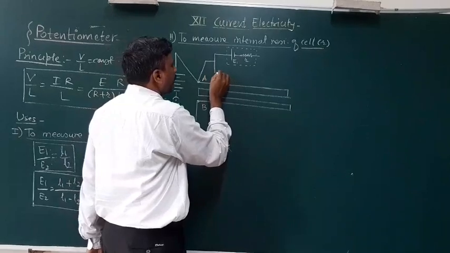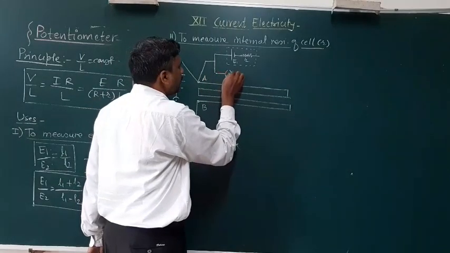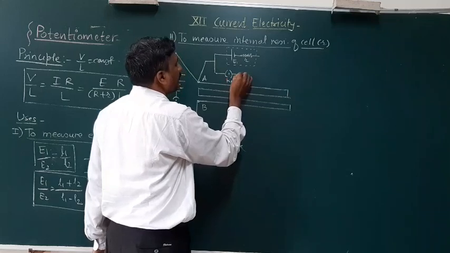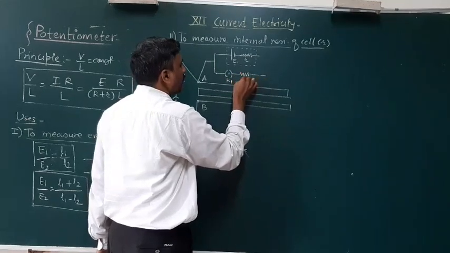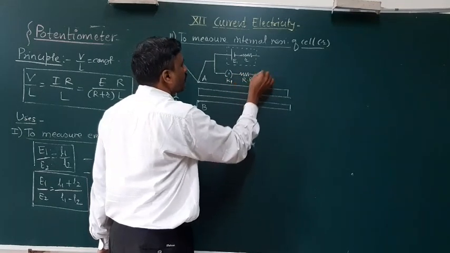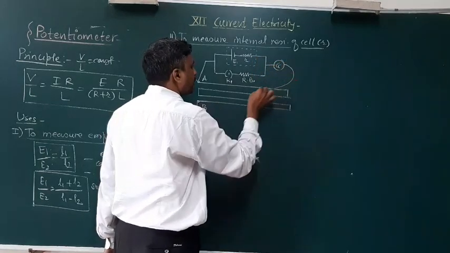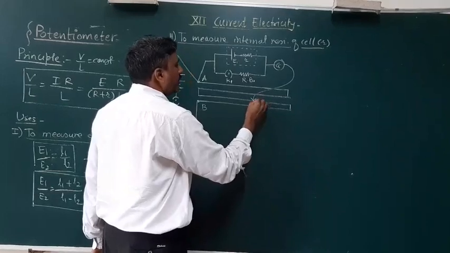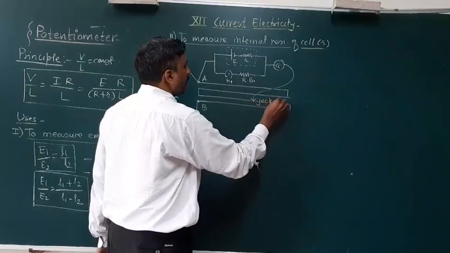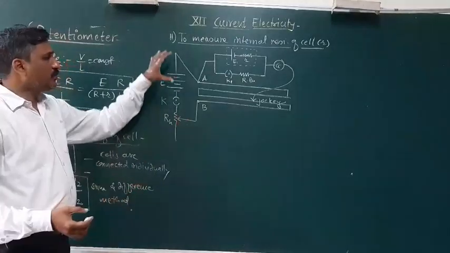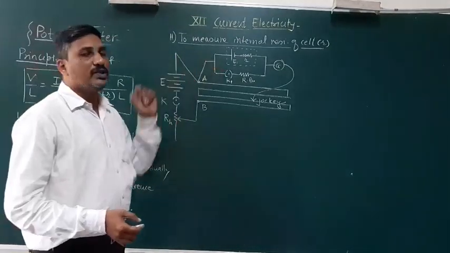And here there is a key K1 and a resistance box. And here again the jockey. Now the same diagram, this part is very simple.